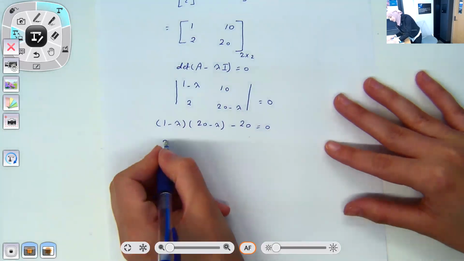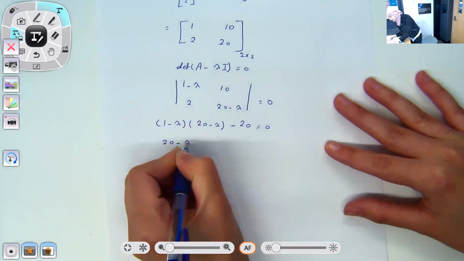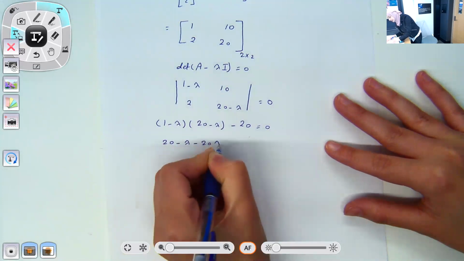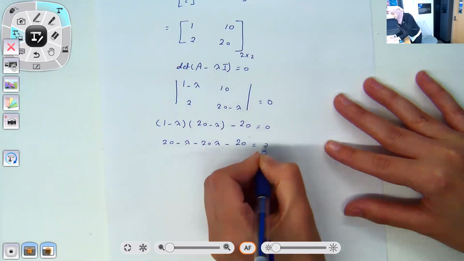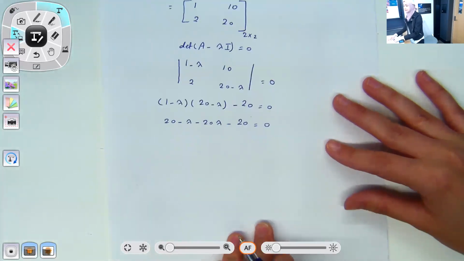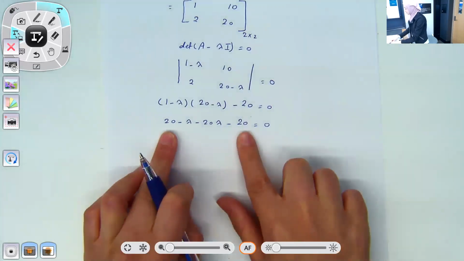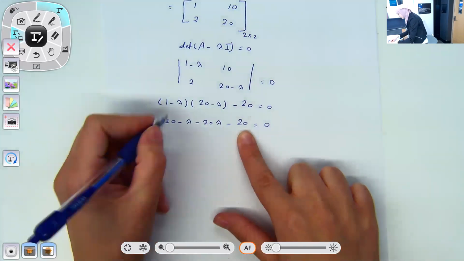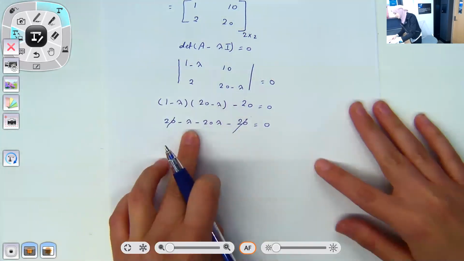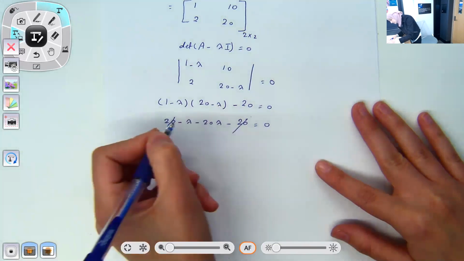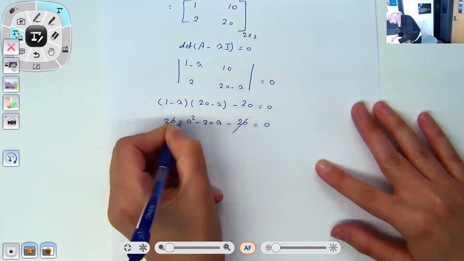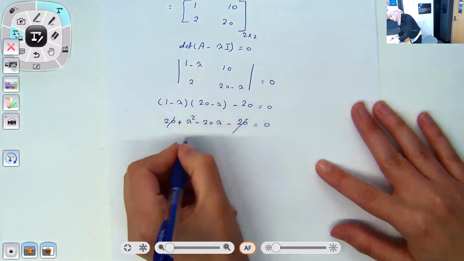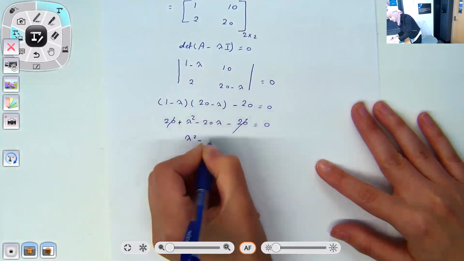Here we have 20 minus lambda minus 20 lambda, and lambda squared, which is positive, minus 20.